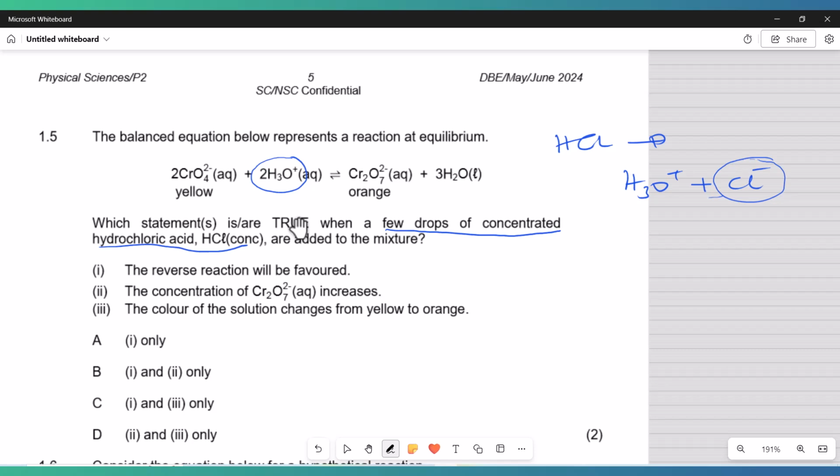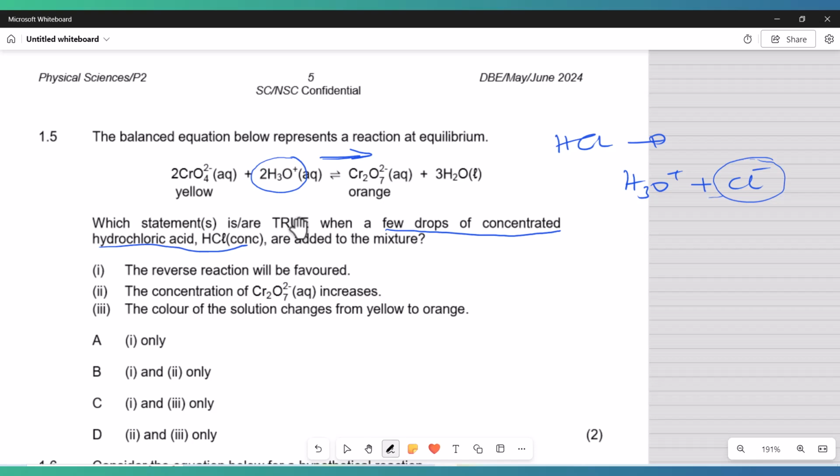So we're going to decrease the excess hydronium ions by favoring what? The forward reaction. So when we favor the forward reaction, we're going to have more of the dichromate ions, and hence we're going to have the orange solution as a result, okay.